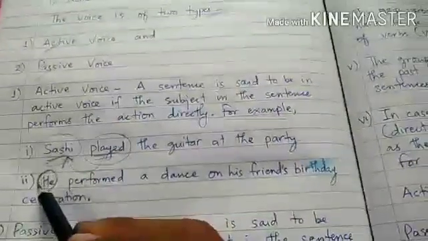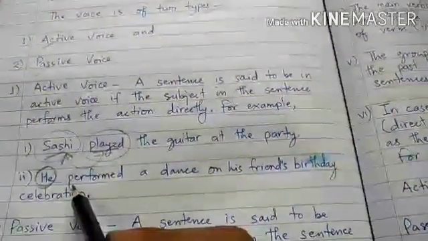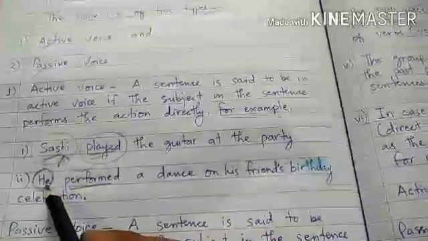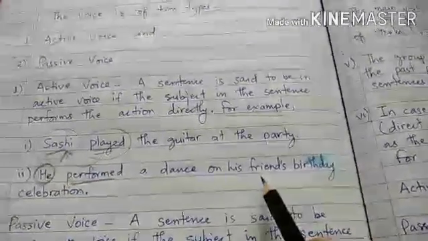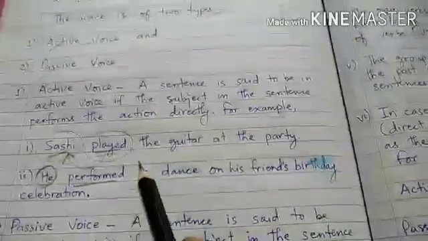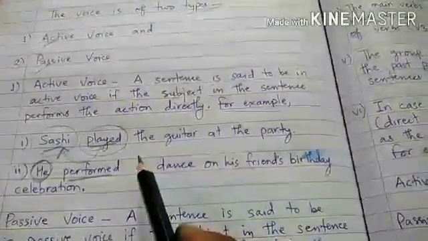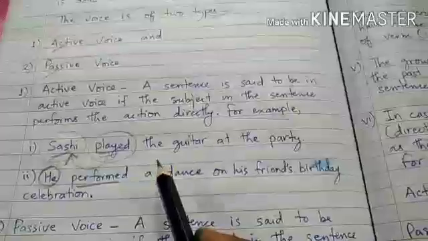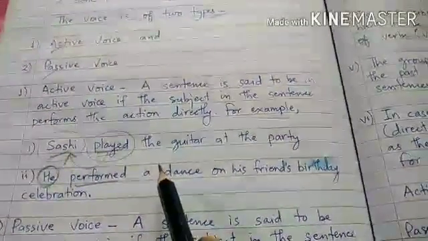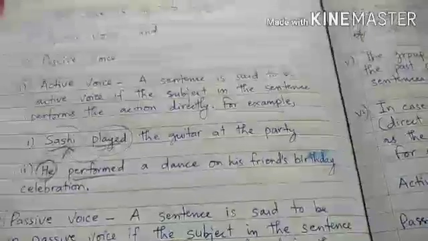So the subject is performing the action directly here in this sentence. Action of performing a dance. So here the sentence is in active voice. Okay. If the subject in a sentence performs the action directly, then that sentence is in active voice. Okay.